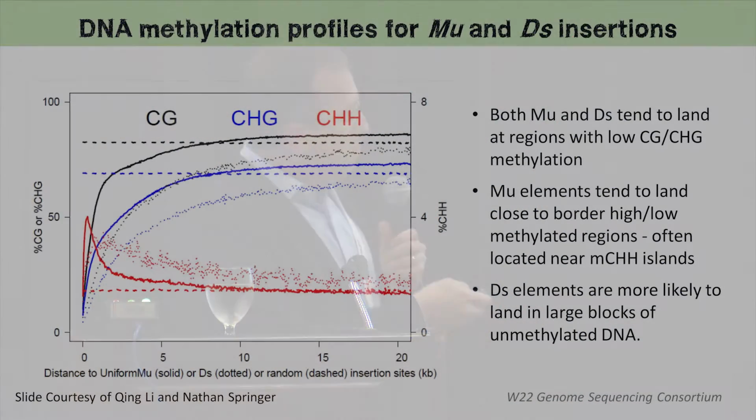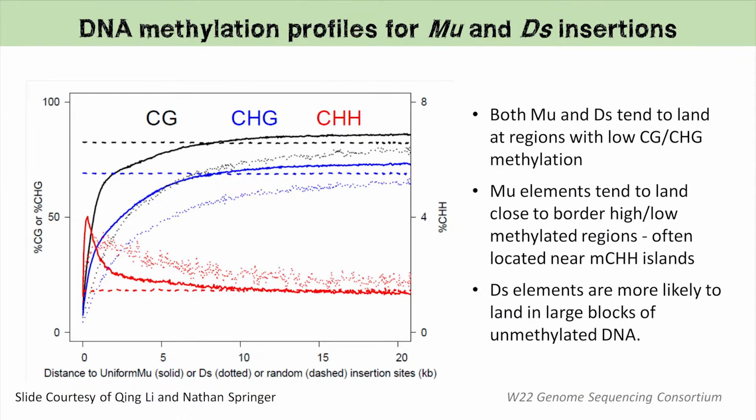Again, we found what we had known for a long time through restriction analysis, that DS, mu, and AC all like hypomethylated regions of the genome, so they tend to land very close to low methyl regions. But what was interesting is that mutator elements tend to sit very close to the borders of both high and low methyl CHH islands. So again, another structural feature of the genome that mutator likes to insert near.